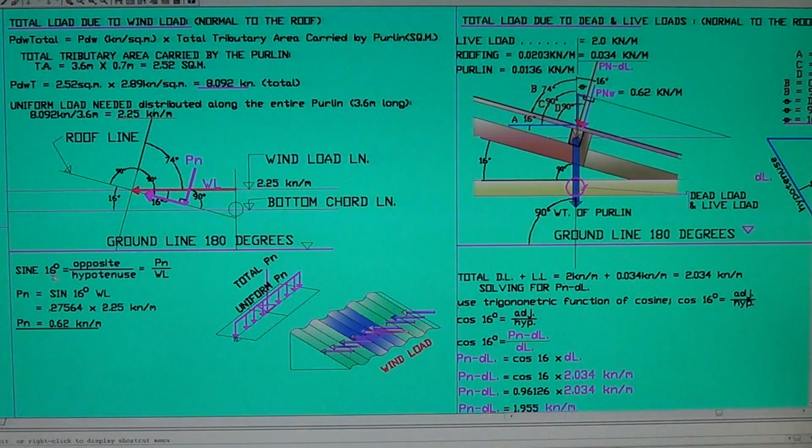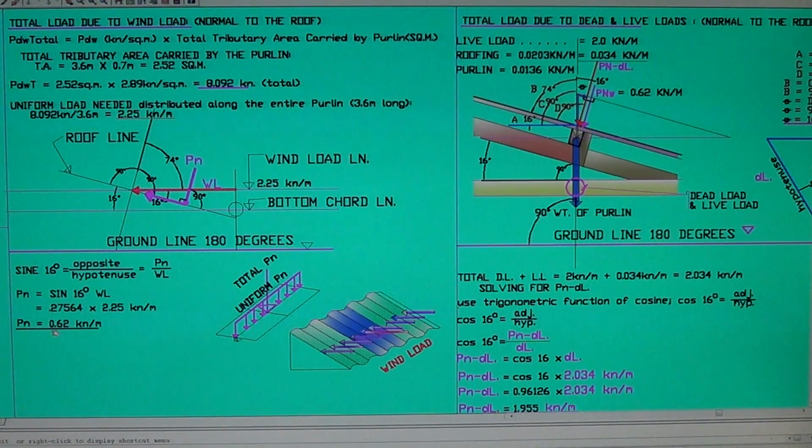So manipulate that. To solve for PN, we gotta cross multiply this equation here. PN equals sine 16 degrees times the wind load. The value for sine 16 degrees is 0.7564 times that wind load, 2.25 kilonewton per meter.